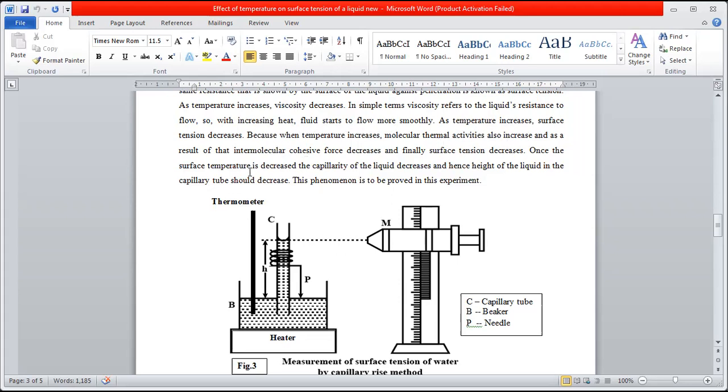Okay. So this is the result of the intermolecular cohesive force decreasing, and finally surface tension decreases.